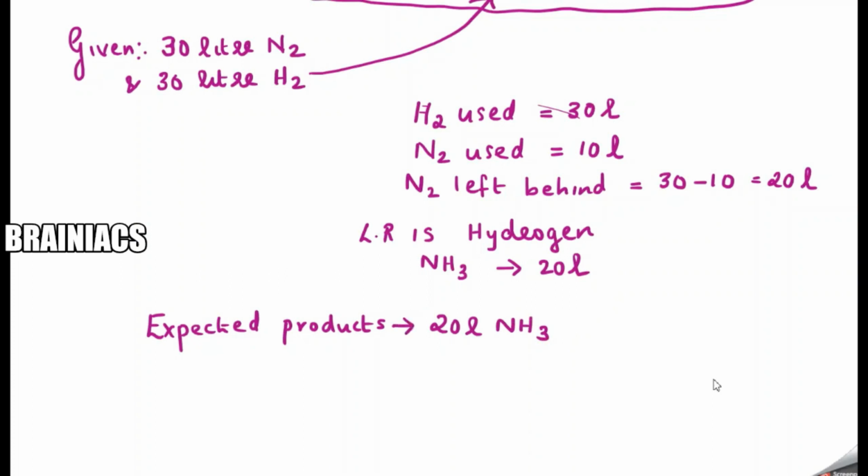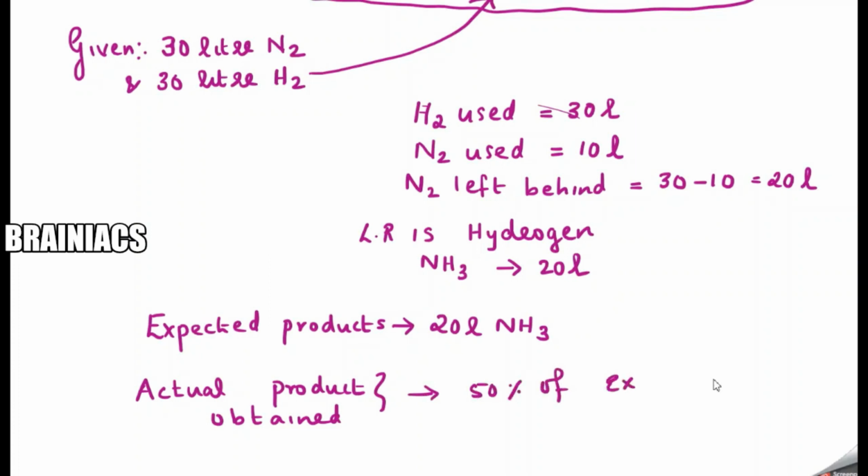But the actual product obtained is how much? 50 percentage of expected product, correct.